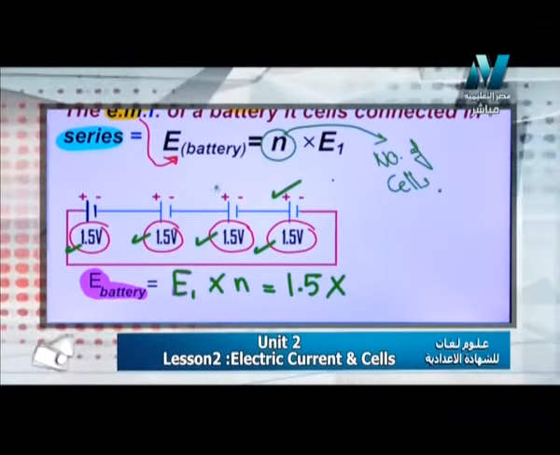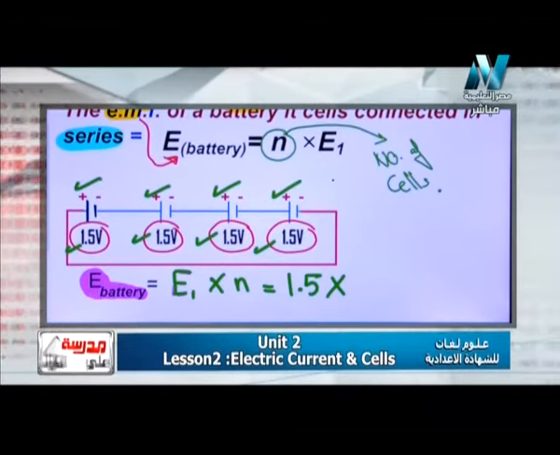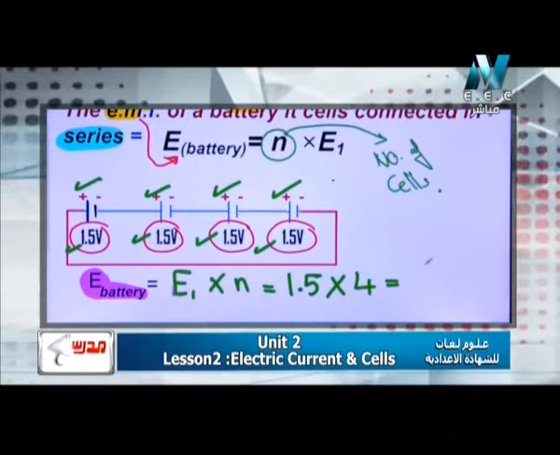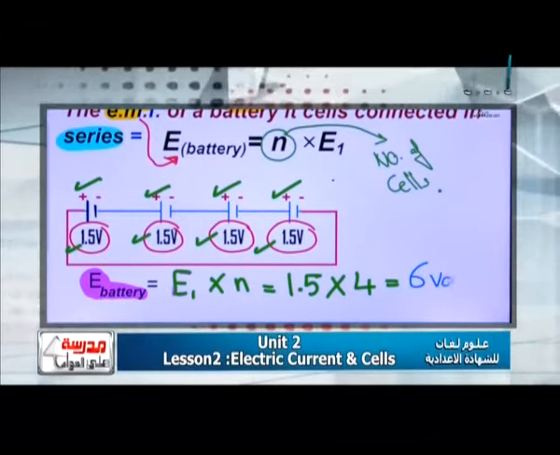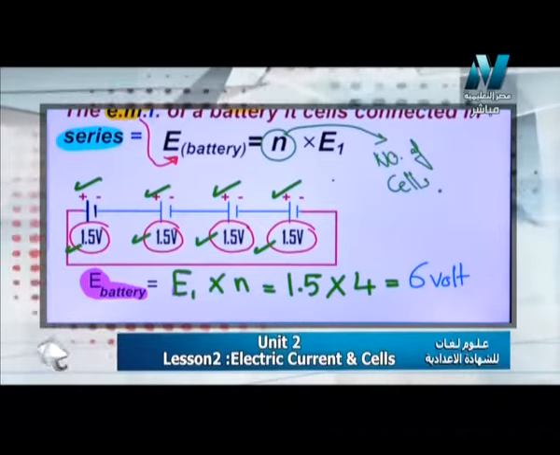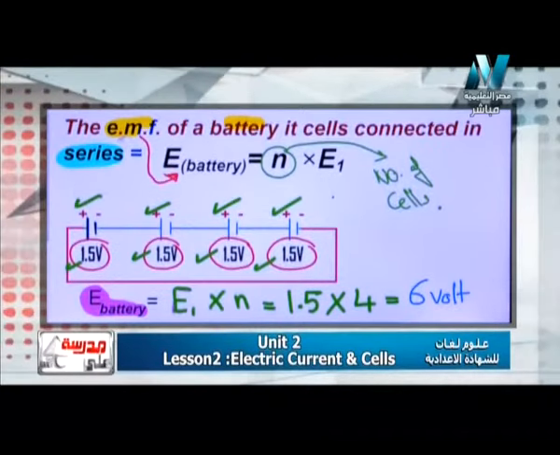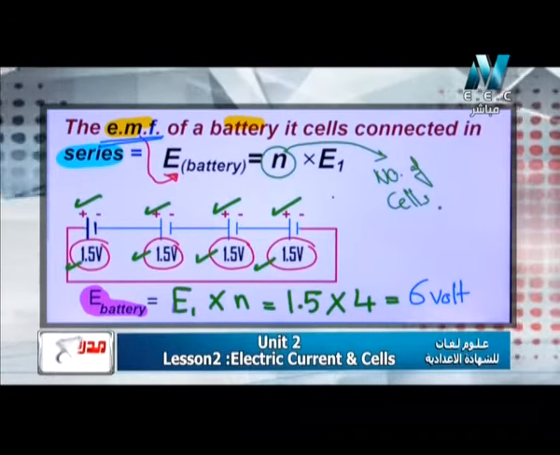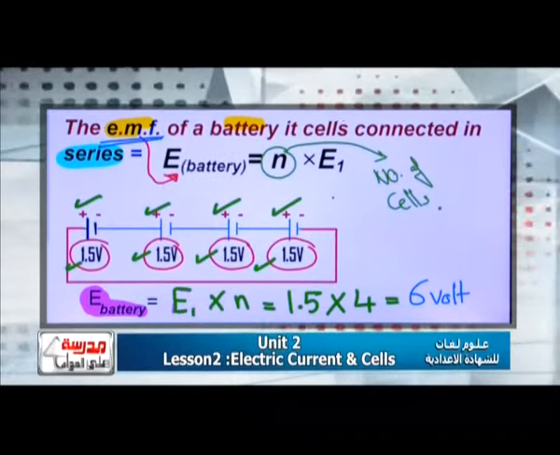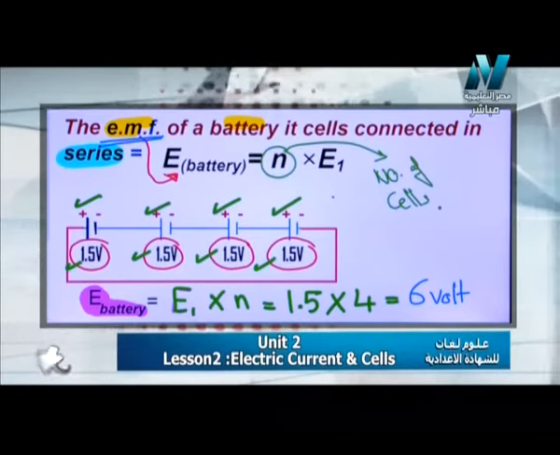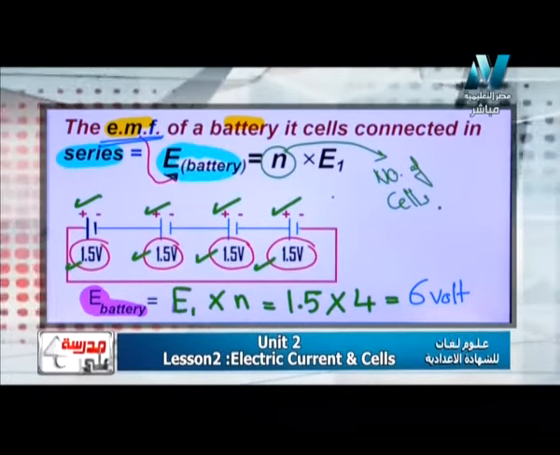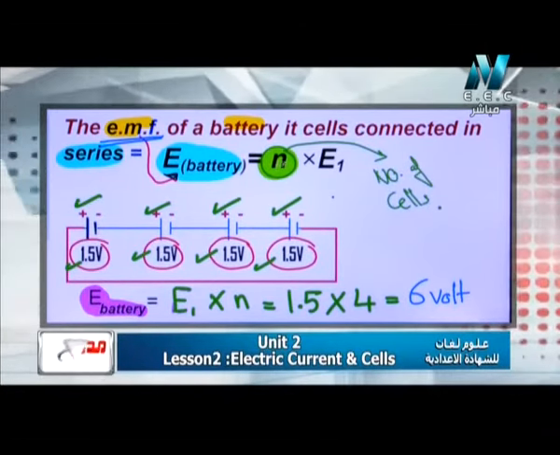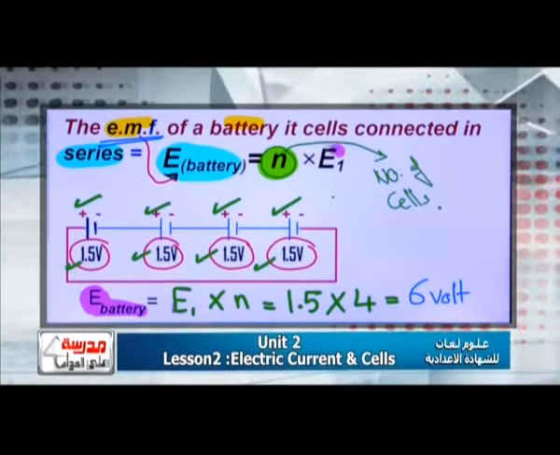Times 4 equals 6 volts. So in series connection, E of the battery equals the number times E1, which means the electromotive force of any one cell.